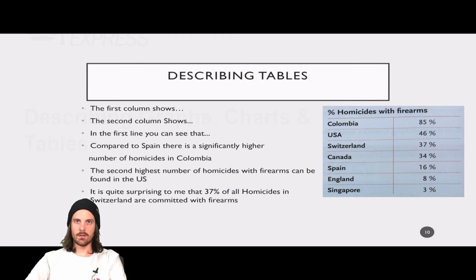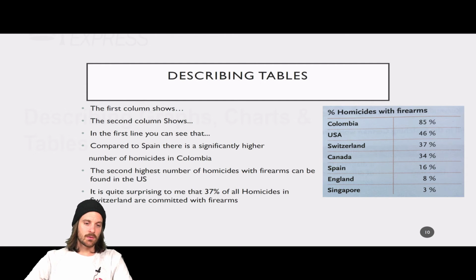Now, in order not to keep going on with, in the second line, in the third line, in the fourth line, you should start comparing the things, or in this case, the countries.